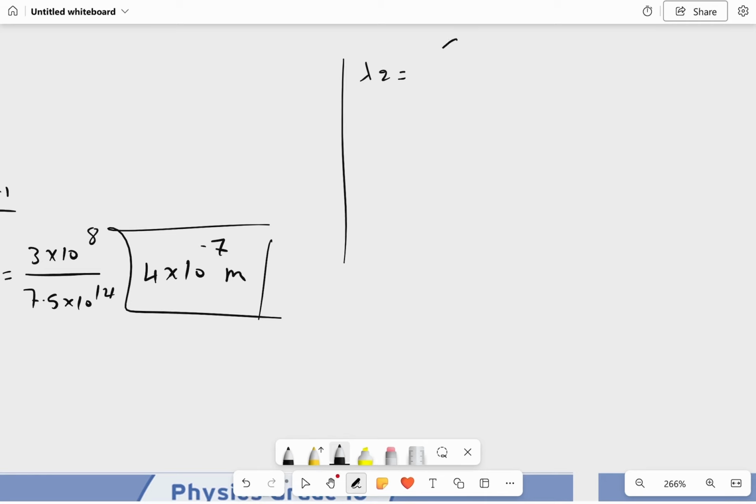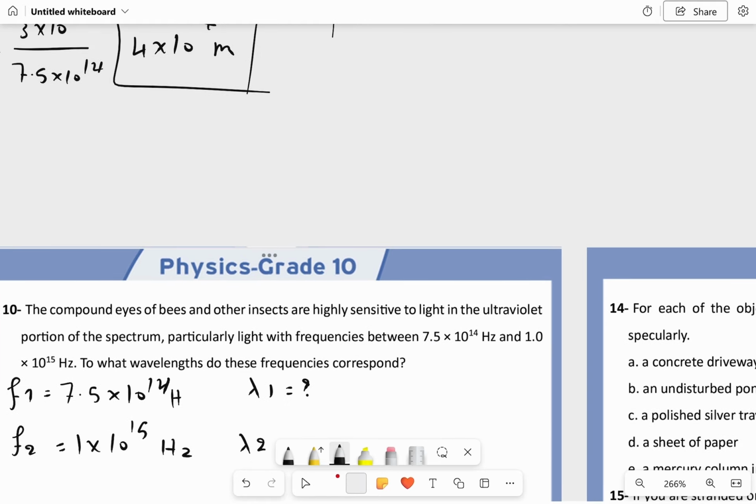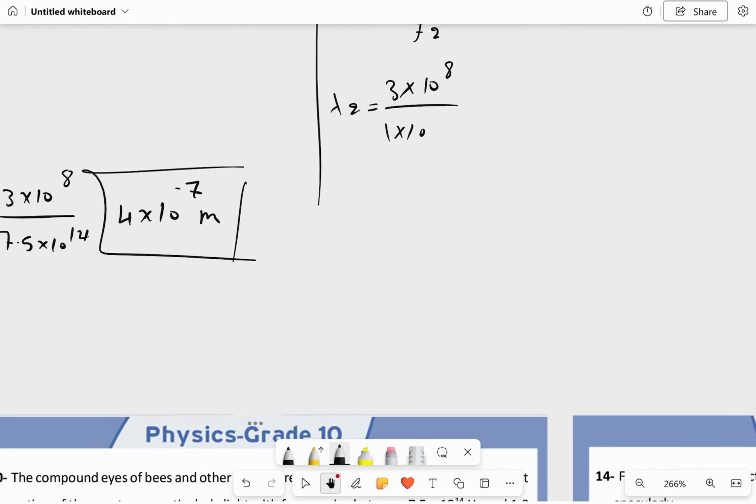The second wavelength is going to be what? Again, C divided by F2, the second frequency. Lambda 2 is going to be 3 times 10 to the power of 8 divided by 1 times 10 to the power of, I think it's 14, yes, 15, sorry.